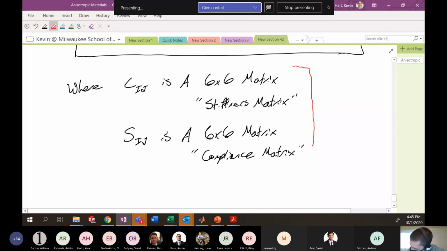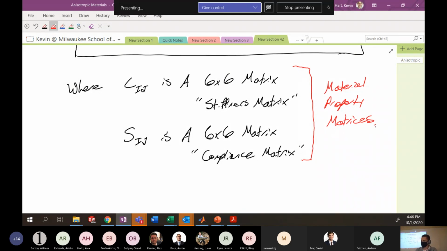These are both matrices which contain all possible values of material properties. They contain your E1s, your E2s, your E3s, your nu12, your G12, etc. And they're arranged in a very specific way in 6x6 matrices.